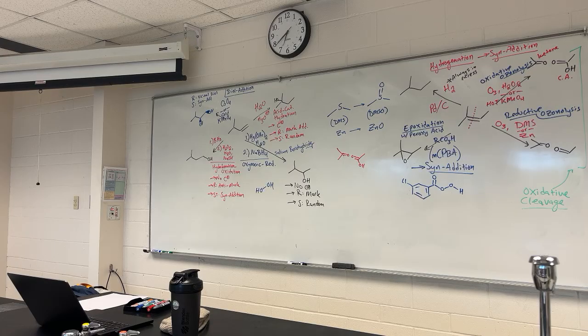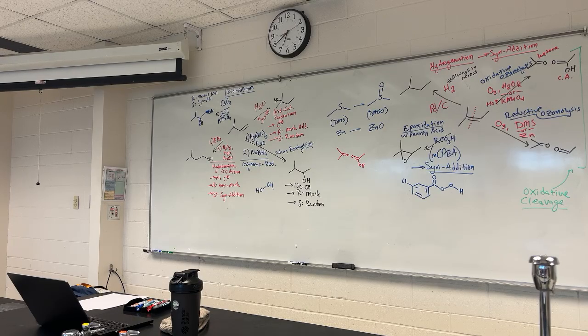The alkene is 1 and 2, but your epoxide is not 1 and 2. Let's just draw this part here: 1, 2, and then 3, 4. The alkene is between 3 and 4, so the epoxide is between 3 and 4.